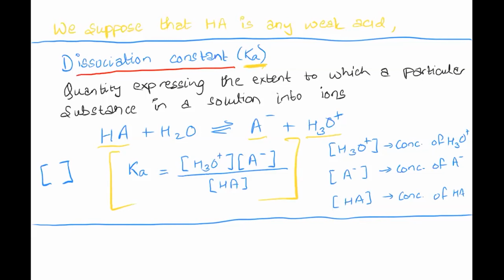For HCl, A is Cl. For acetic acid, A minus is CH3COO. So it depends upon the acid. This is just a general formula for the dissociation constant. Is it clear to you now?